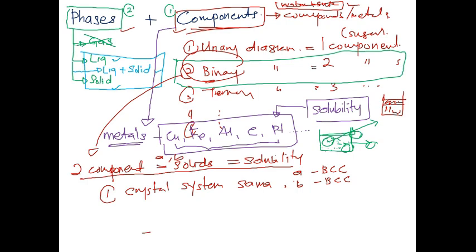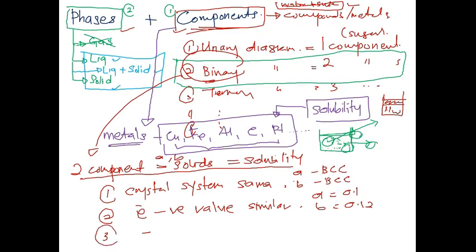The second point is that they have a similar electronegativity value. Not the same, but similar, because each component is different. For example, if A has an electronegativity value of 0.1, B is about 0.12. And the third one is that they have a similar radius.